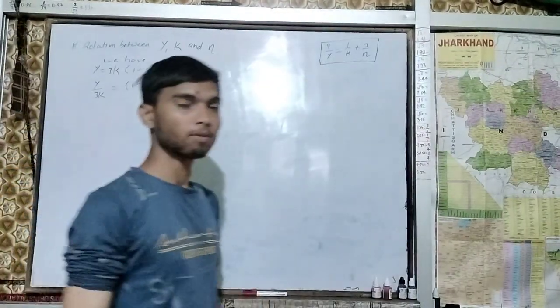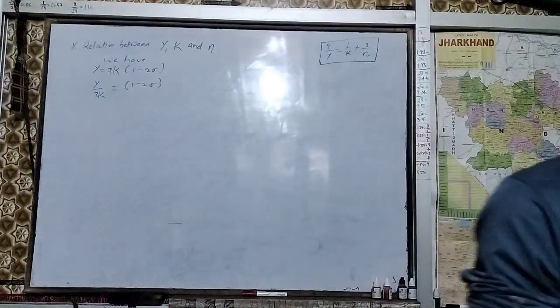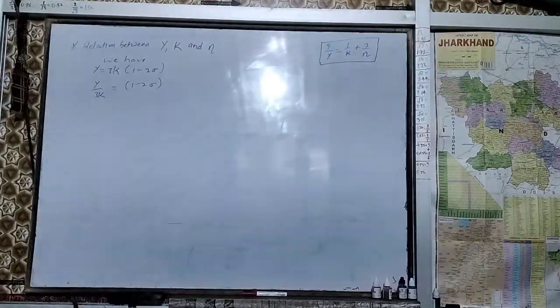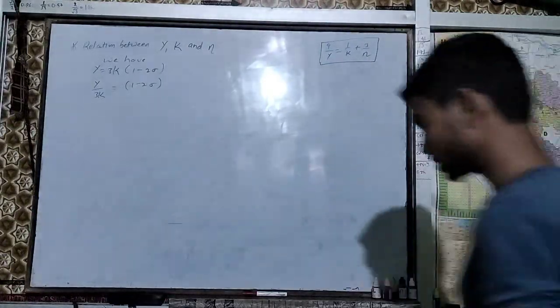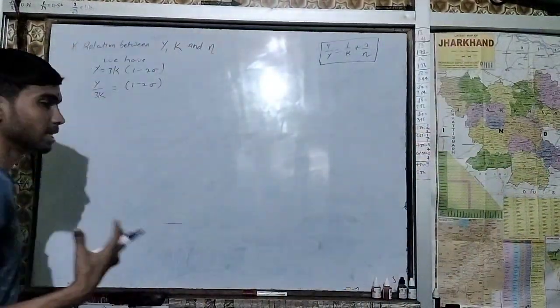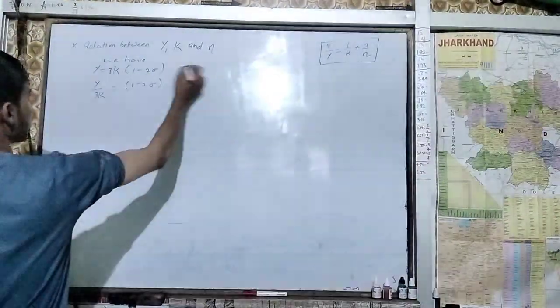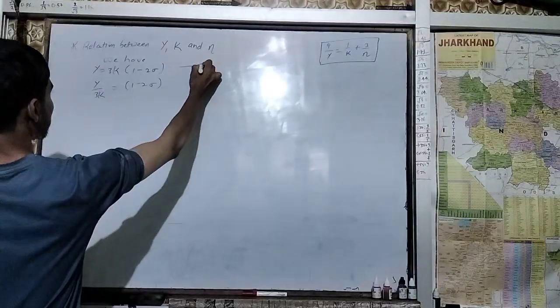Here is where we have to stop. Now write a second relation. As I said, two relations are compulsory, we have to remember them for the long term. So this is one equation.